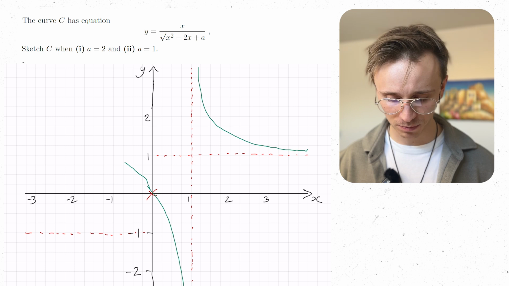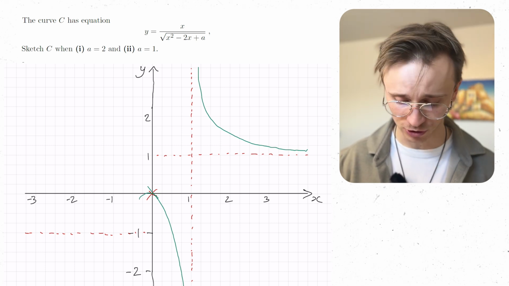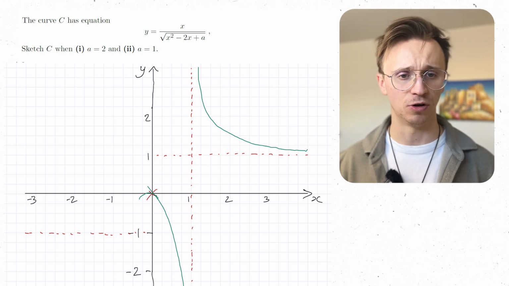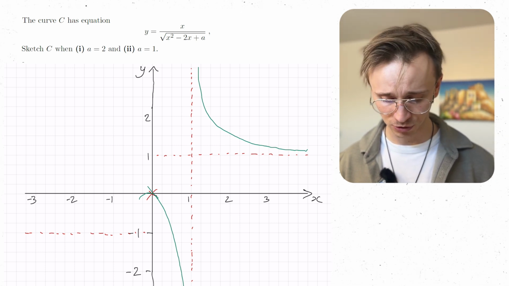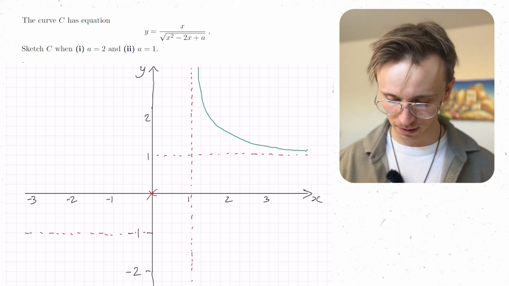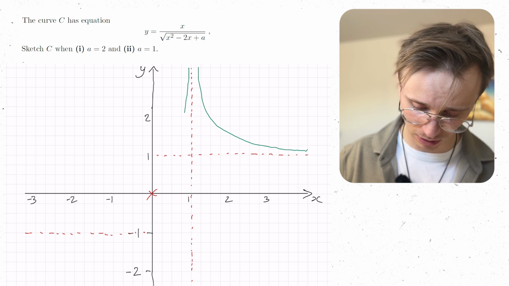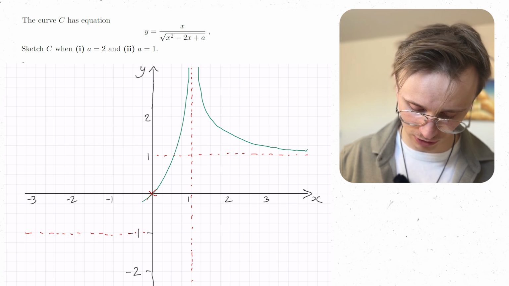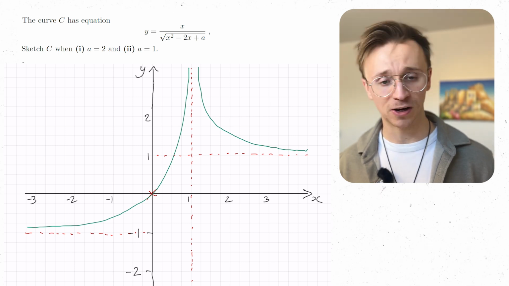But I know I don't do that because I've found all my crossing points. The other option is I could have a turning point at 0, 0. But I also know that's not true because I found all my turning points as well. So this cannot work. The other option is I come from positive infinity and I come down and I go through that crossing point and I slowly head to minus 1, which is in fact what does happen.